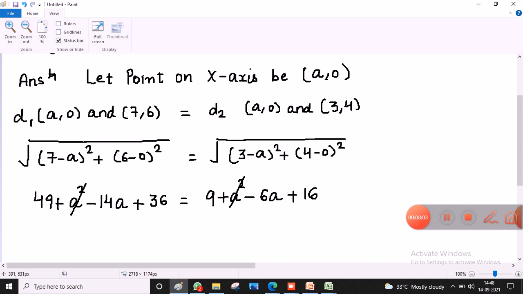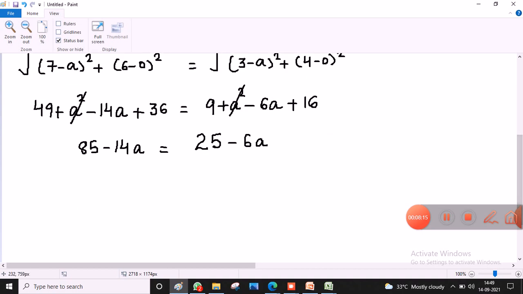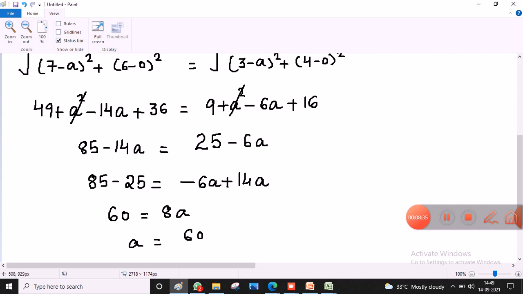49 plus 36 gives you 85, minus 14a is equal to 25 minus 6a. So 85 minus 25 is equal to minus 6a plus 14a. So we have 60 is equal to 8a. A comes out to be 60 by 8.